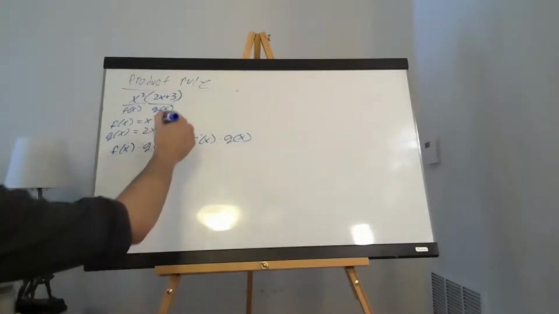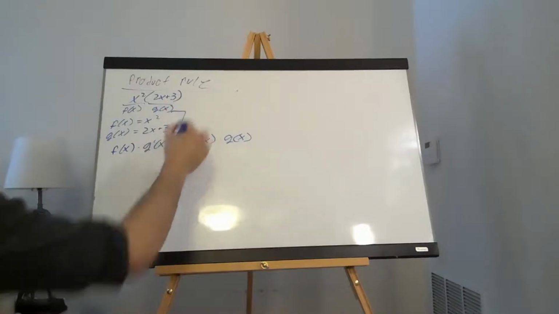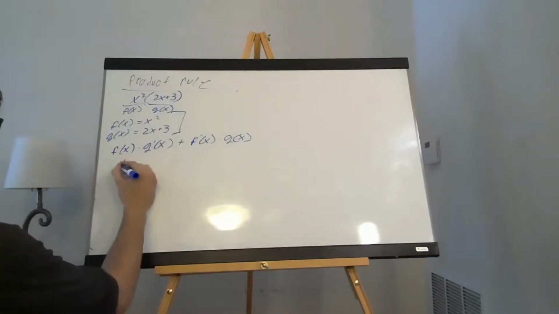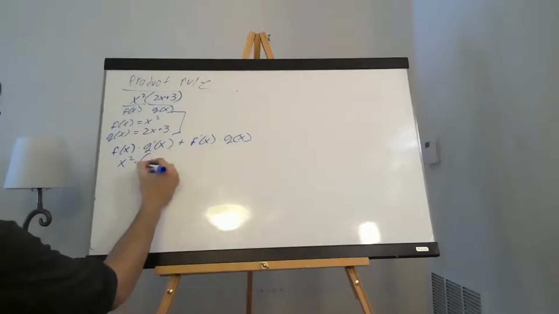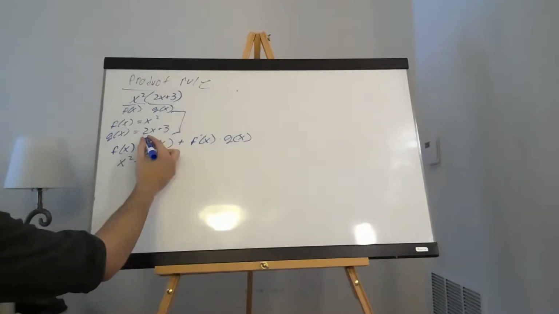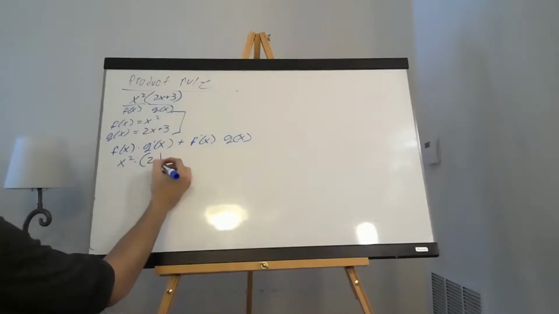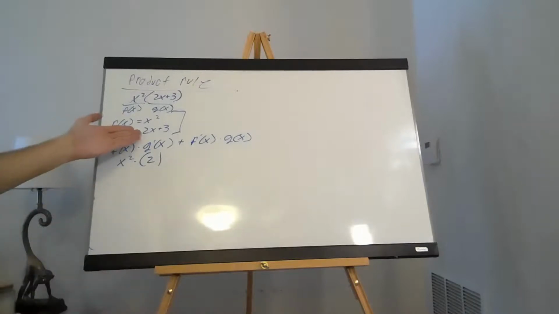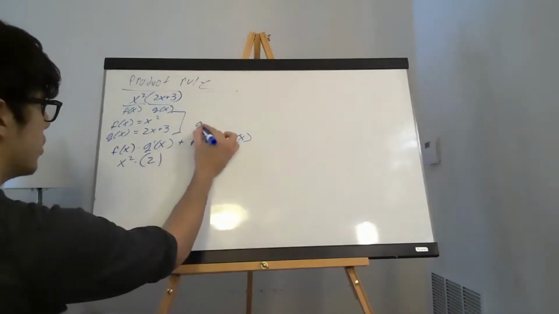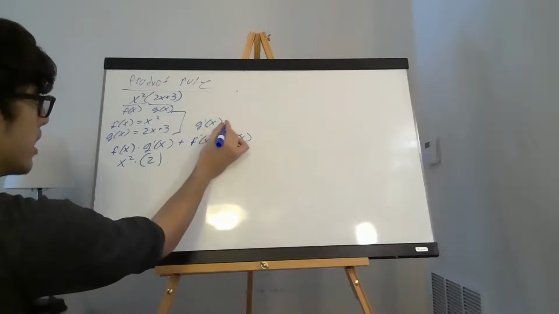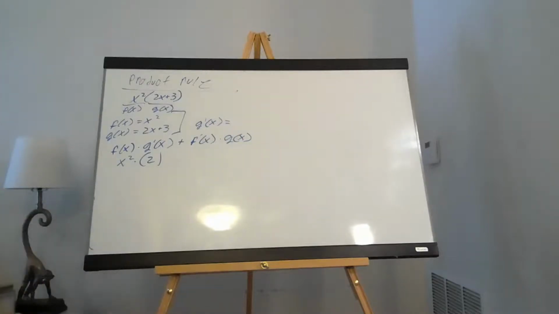So let's take our little example here and solve it. So x squared times g prime of x. That's just going to be 2 for the derivative, because we know that. I'll write that out too, just because this is probably how you should be approaching these problems when you're first doing them.